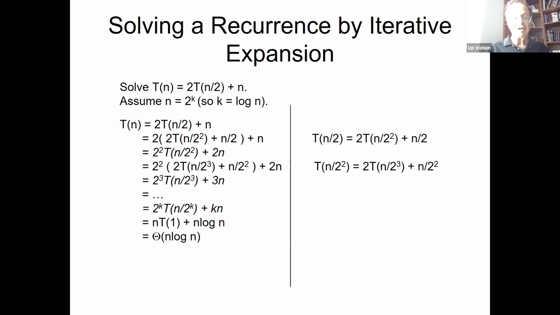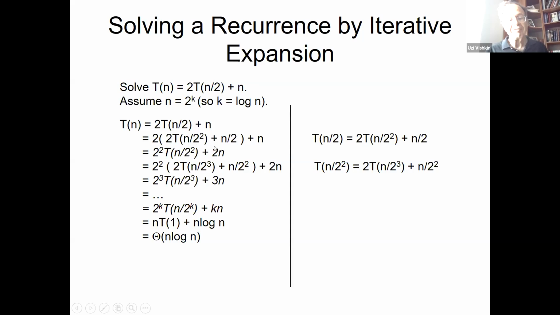We discussed several recurrences. This is the simplest recurrence that we already saw a couple of times and we are going to see again later in this class. It's T of n equals 2 T of n over 2 plus n. What is remarkable about this recurrence is that, as you see here, where we start expanding it, at the first level, we get an n.